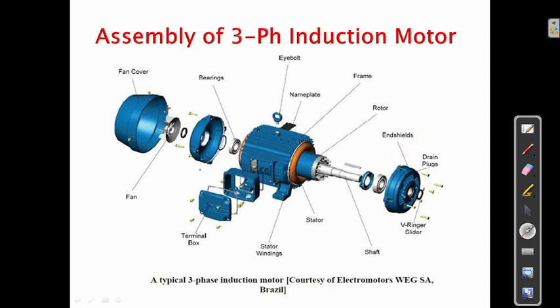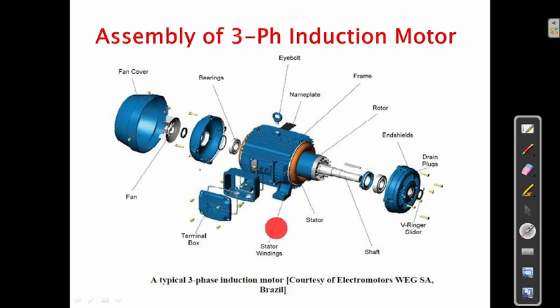These two bearings are used to rotate the machine very easily. Then this is the eye bolt. Here the name plate is there. With the name plate we will know how much current and how much power this particular motor takes. And this is the terminal box.